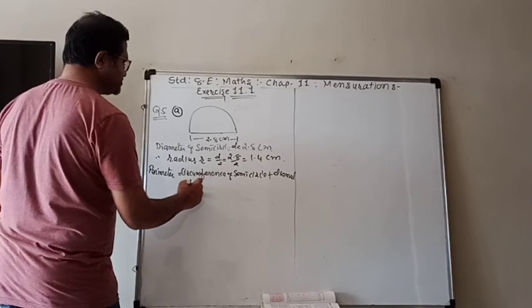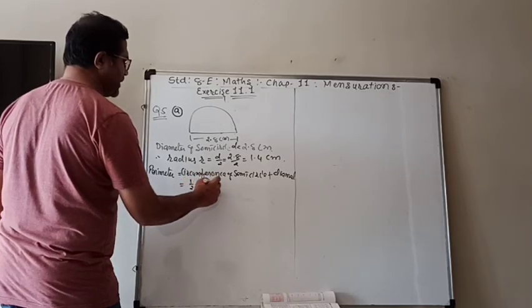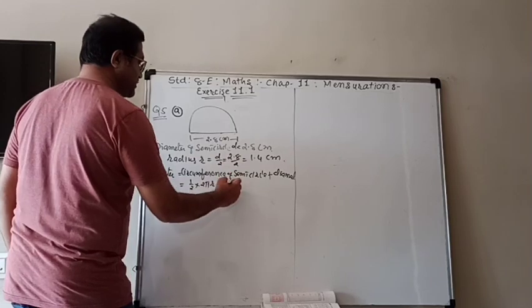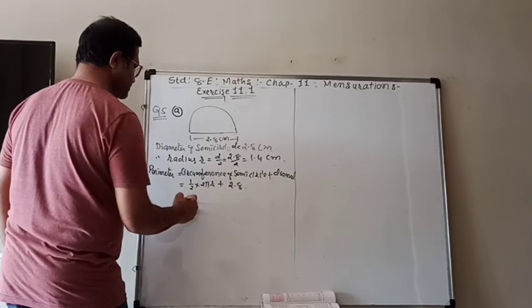Circumference of semicircle is half into 2 pi r plus diameter, 2.8.